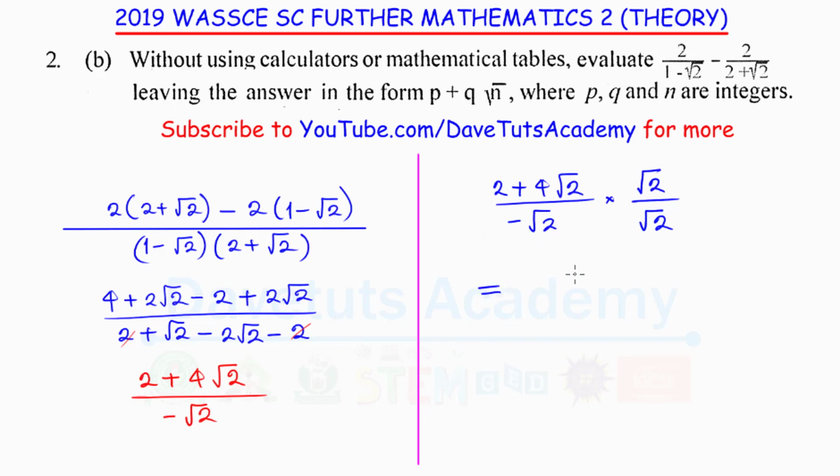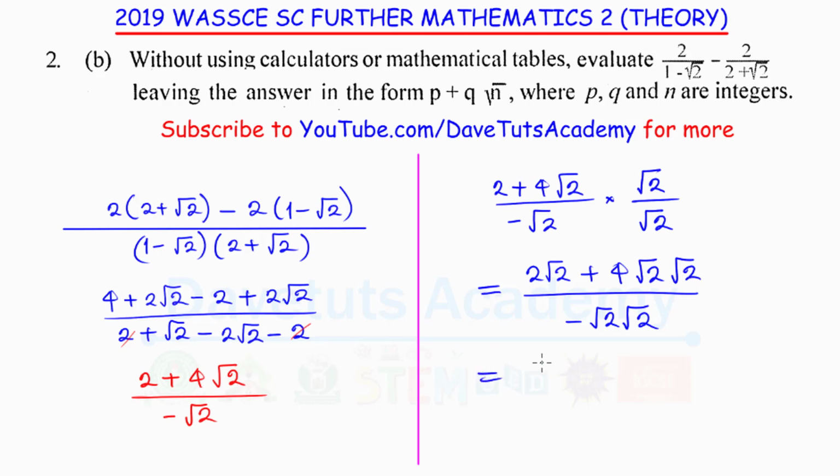So 2 times root 2 is 2 root 2, plus 4 times root 2 times root 2, over minus root 2 times root 2. I've expressed that when you are multiplying root 2 by itself, that's going to give us 2.